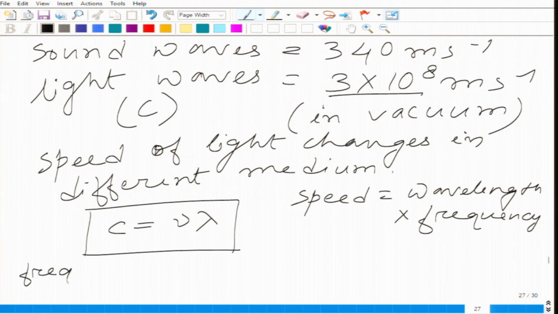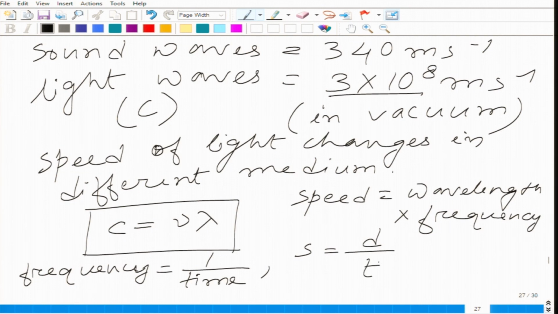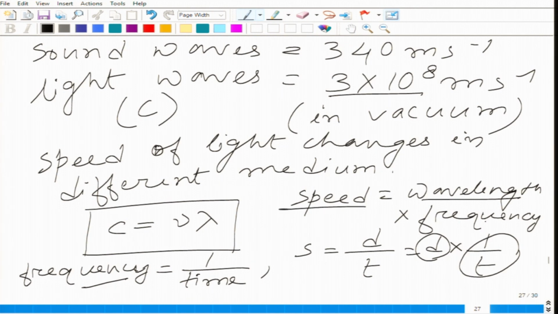Frequency's unit was second inverse, right? So frequency is basically the reciprocal of time. We know that speed equals distance by time, right? So distance into 1 by time, and 1 by time is frequency, and wavelength has a similar unit as distance. Therefore speed equals wavelength into frequency, right?